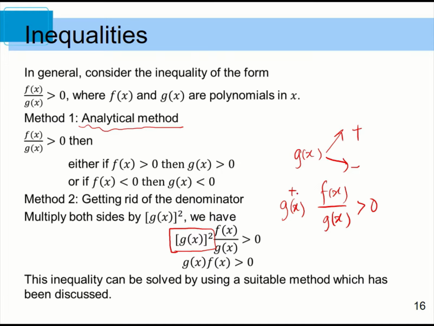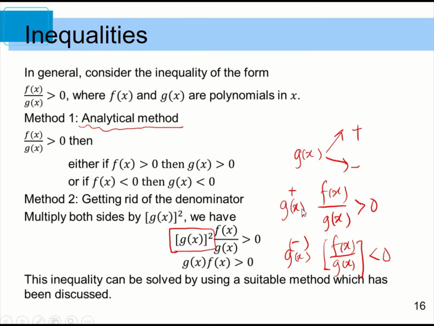However, if g(x) is negative, in the previous discussion we mentioned that if we multiply by a negative value, we need to change the sign. Greater than 0, after we multiply with a negative, becomes smaller than 0.